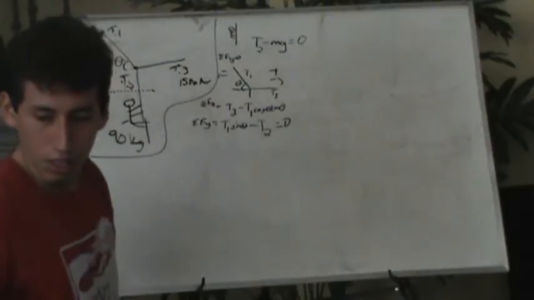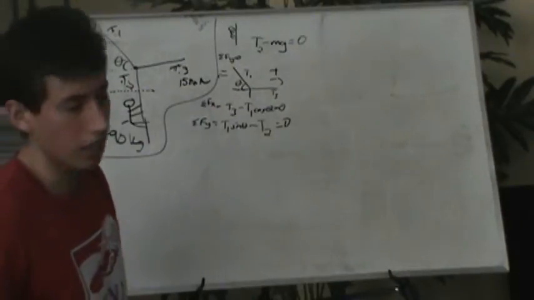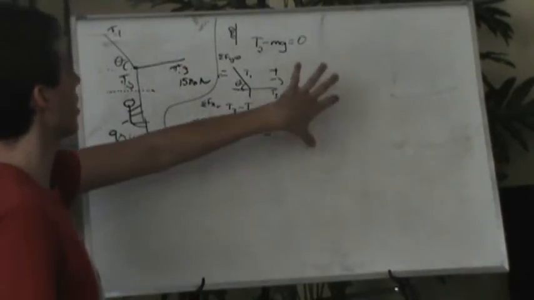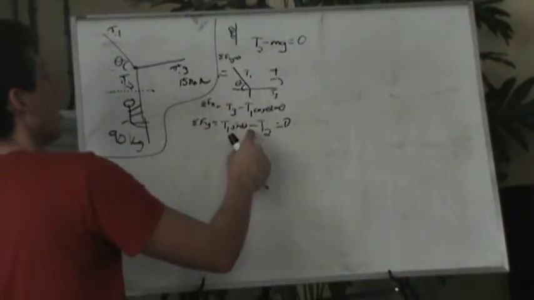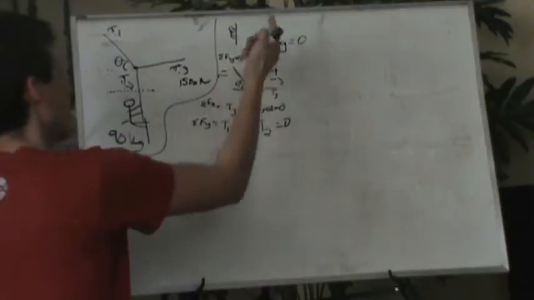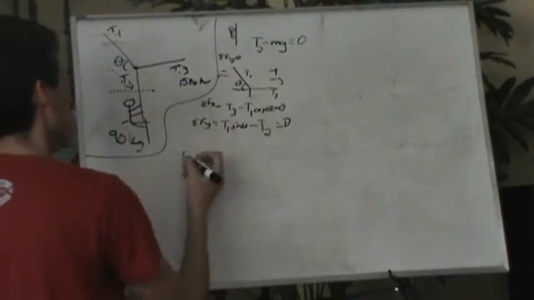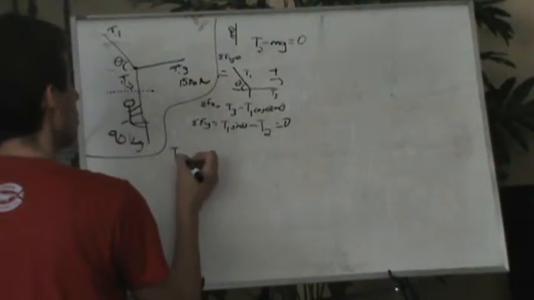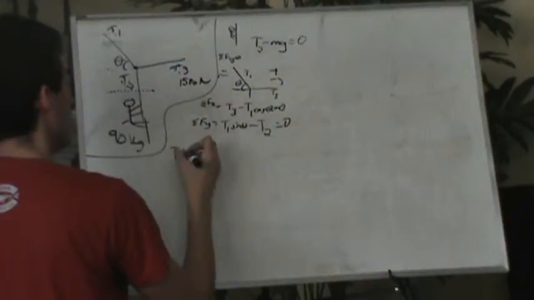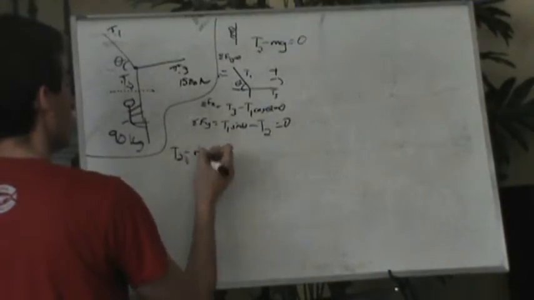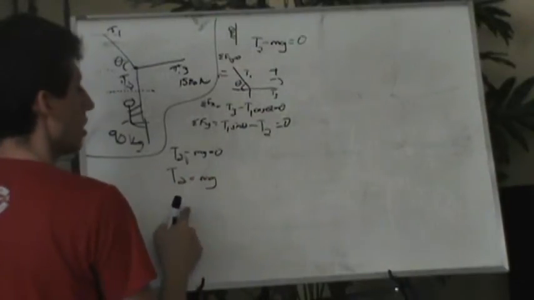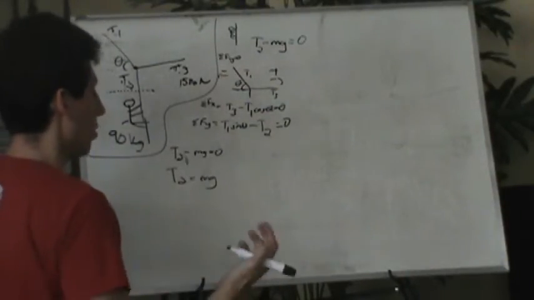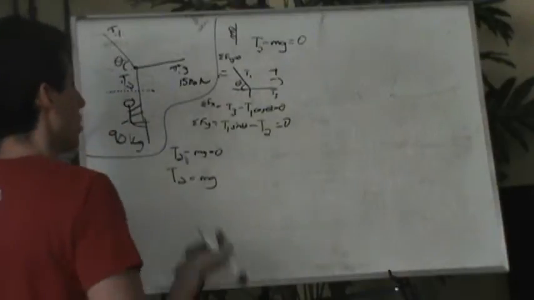Well, first, you realize that you can basically combine. So let's focus on this first. Since T2 minus mg equals 0, you can rewrite it as T2 is equal to mg. So this is just saying that the tension is equal to the mass times the gravity.